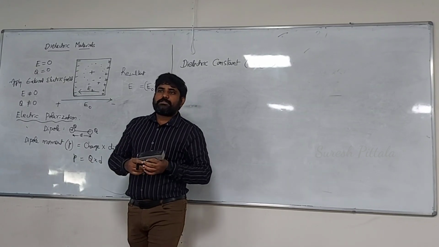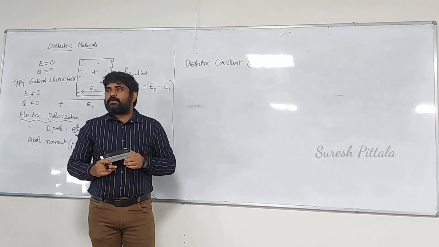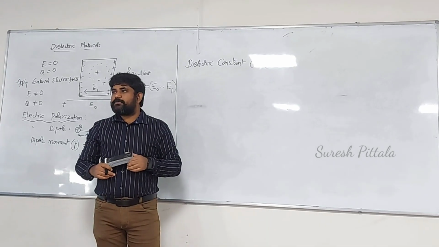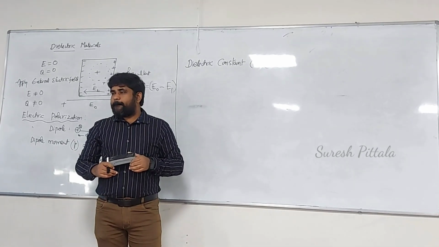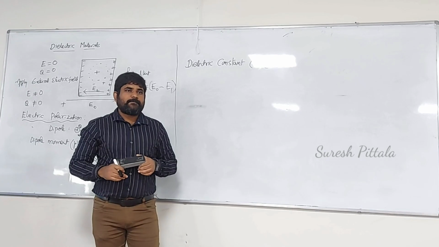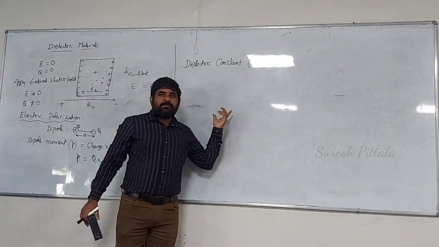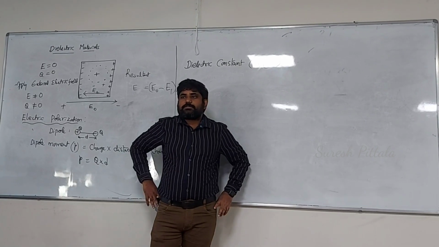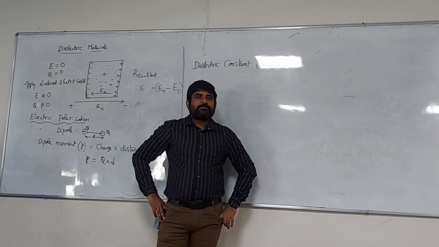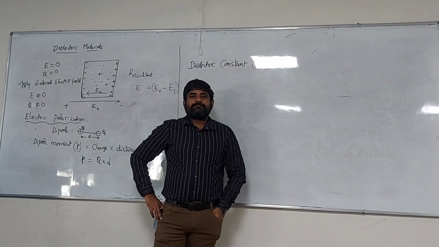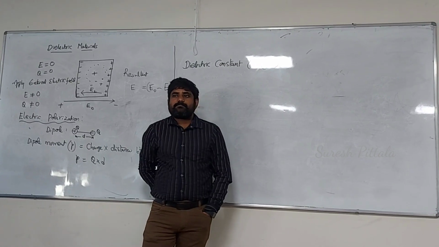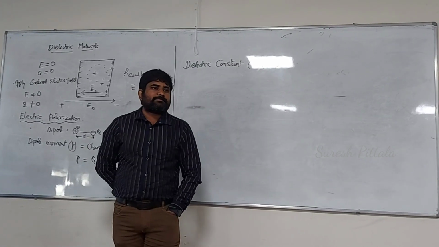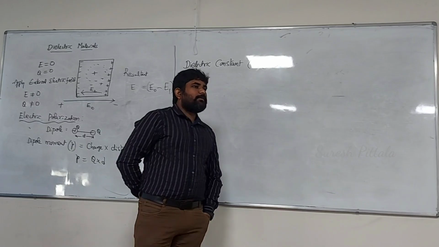So what is it actually? Who will tell? Because you all performed the experiment, you should be knowing. Somebody define what you understood when you measured dielectric constant through the experiment. What is it? Speak up.